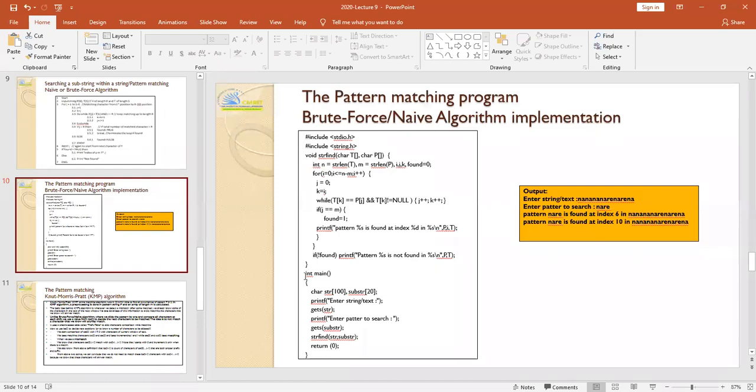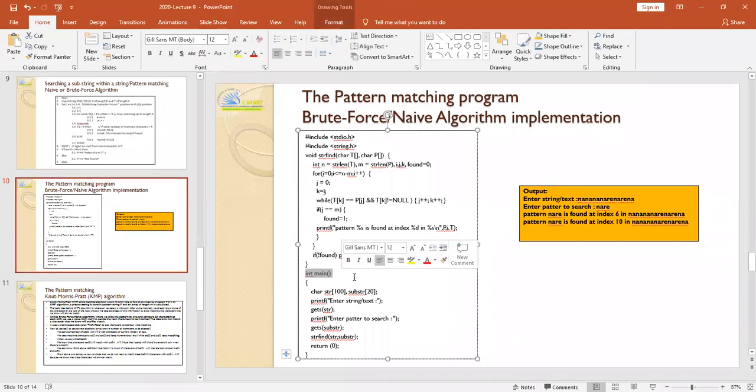First you start with the main program, two character arrays: str of 100 characters and substr of 20 characters, because it is a substring. Next, enter the string, taking it using gets. Next, enter the pattern to search, again taking the substring using gets.